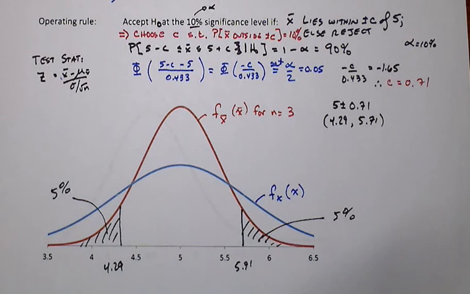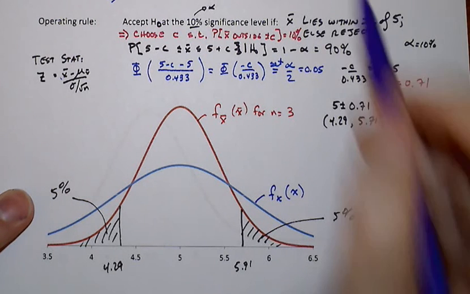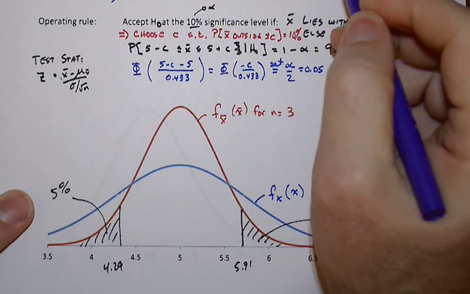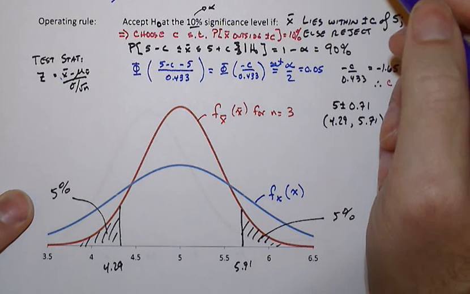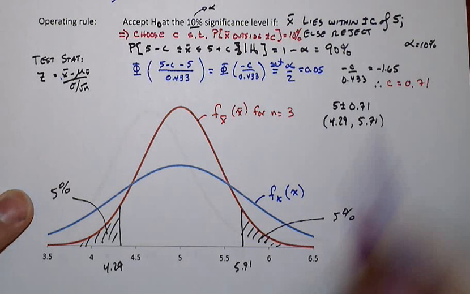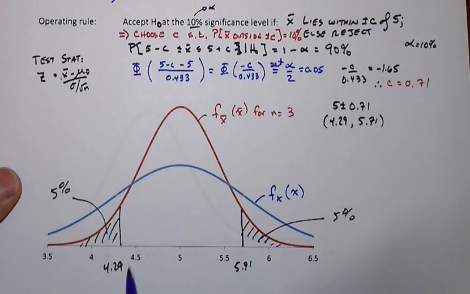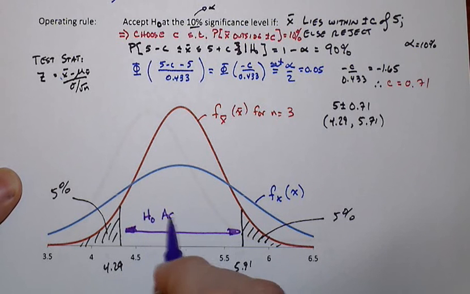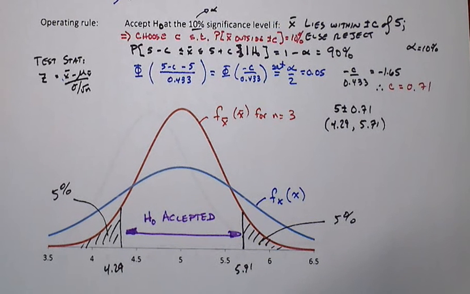And what we're saying is that if our test statistic turns out to be within our region, then we're going to end up accepting H naught. And so this then represents H naught being accepted, right, at the 10% significance level.